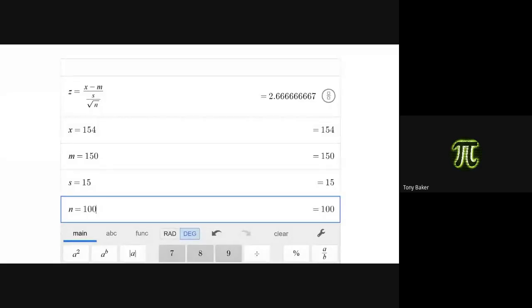So we type that all into Desmos. And my z-score is 2.67. Remember, your z-score is always 2 decimal places.